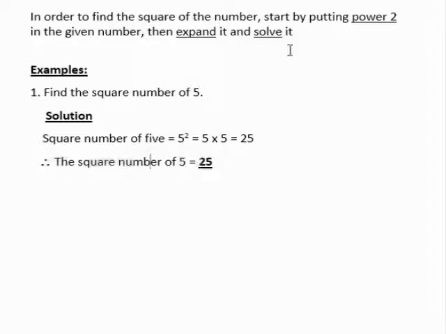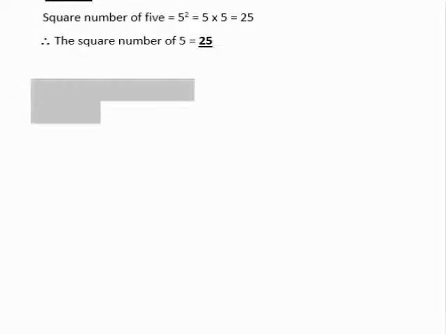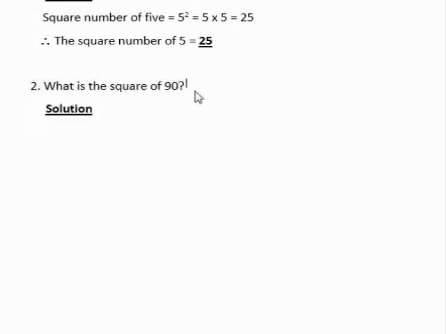Or simply, we can say multiply the number by itself. When you multiply the number by itself, you get the square of that number, as we have done here in example number 1. Let's see example number 2. What is the square of 90? Solution, as usual.